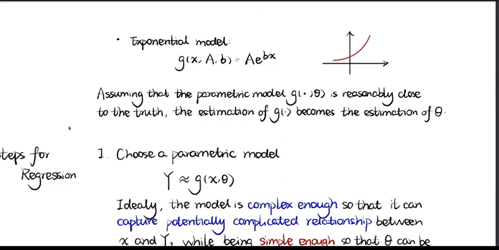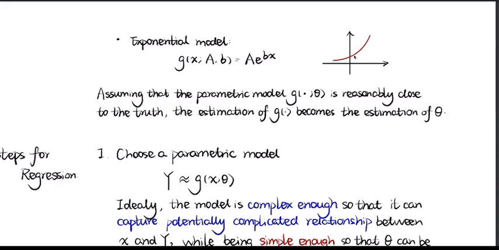Of course, the reason why I'm showing the corresponding graphical representation is for you to be able to recognize the name of the function after you have succeeded in constructing a scatter plot, because I know your scatter plot is going to show a particular shape. And assuming that the parametric model is reasonably close to the truth, the estimation becomes estimation of theta.